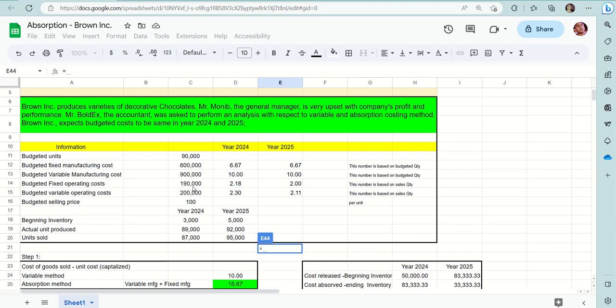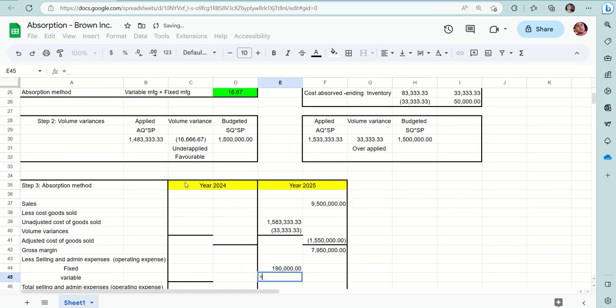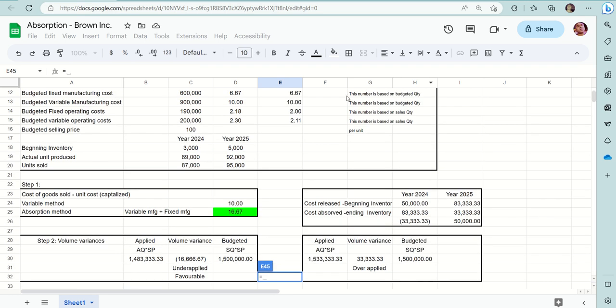we are given, we sold 95,000 units. We don't need to do that. We could just simply say the fixed operating cost is 190,000 right there. And the variable cost is right here, $200,000. You could multiply by this 2.11 multiplied by units sold.